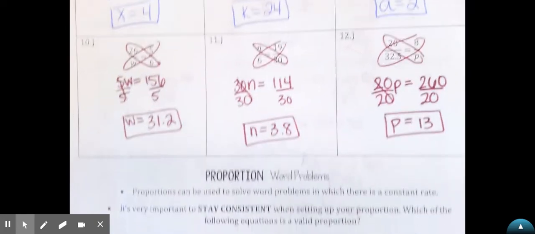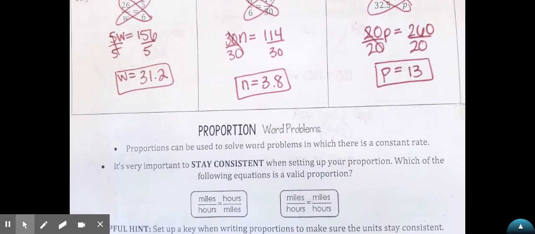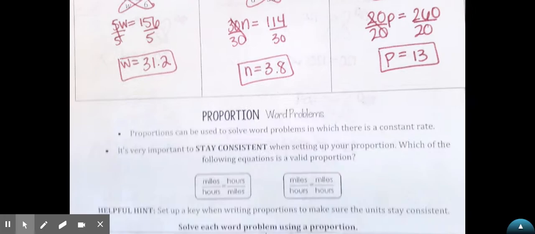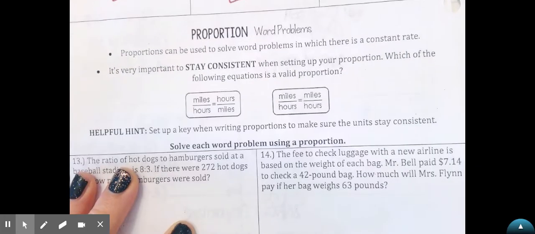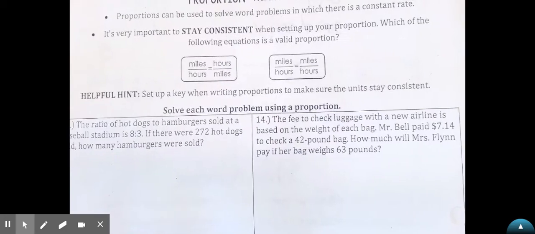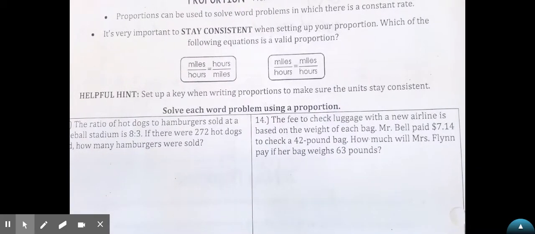The last thing we're going to talk about today is solving proportion word problems. Proportions can be used to solve word problems in which there is a constant rate. It's very important to stay consistent when setting up your proportion. Which of the following equations is a valid proportion? So remember, the definition of a proportion is two equivalent ratios or fractions.